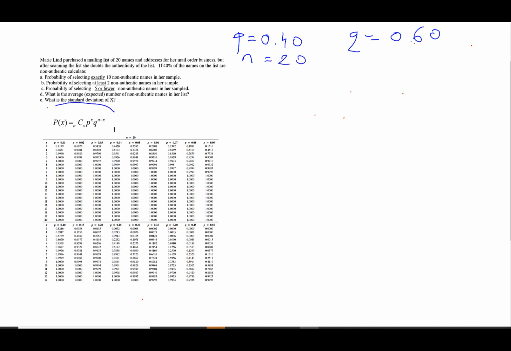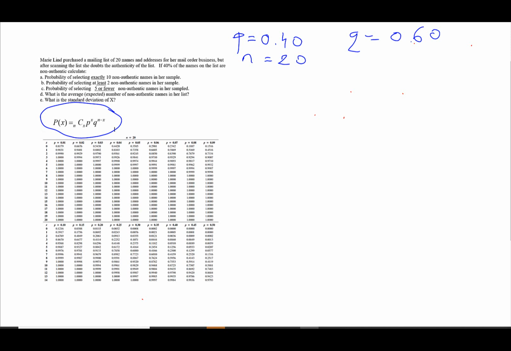This is the formula that will give us the possibility to calculate the probability to have x times a success in a binomial experiment. So the probability to have x times a success will be the combination of n trials taken x at a time, times the probability to be considered a success at power x, times the probability to be considered a failure at power n minus x.